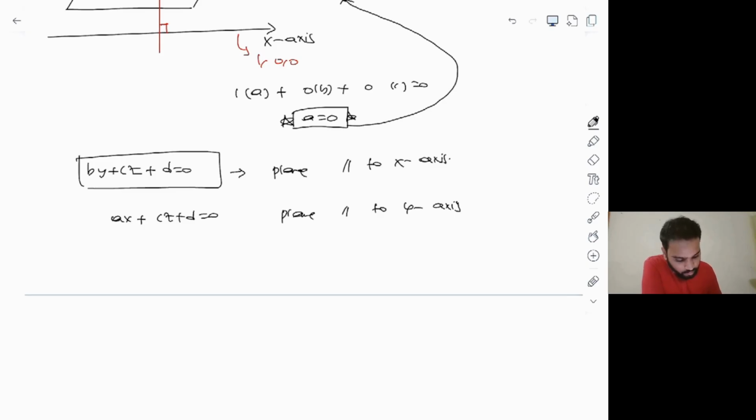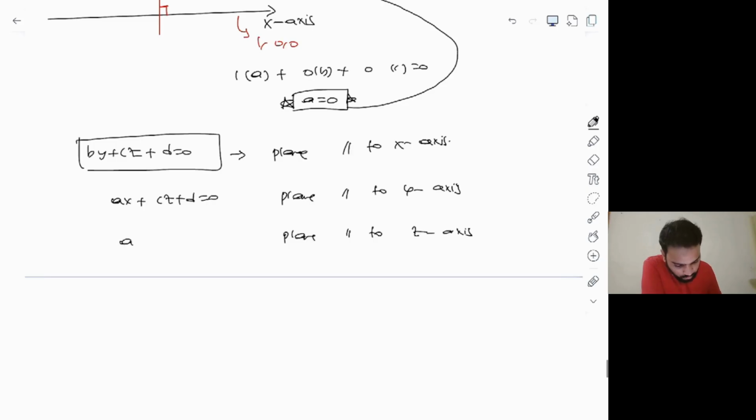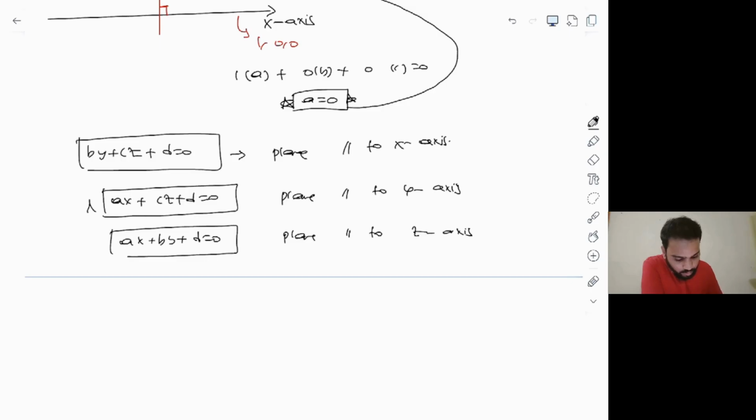Similarly, if the plane is parallel to the z-axis, the equation will be of the form ax plus by plus d is equal to 0. Okay? So this will be helpful whenever the question directly says that the plane is parallel to the x-axis, y-axis or z-axis. So this is one important point.